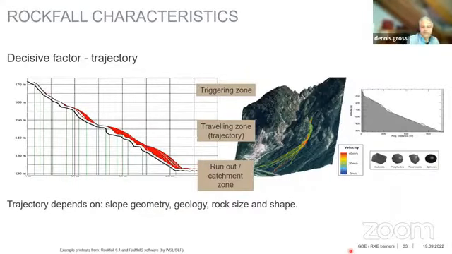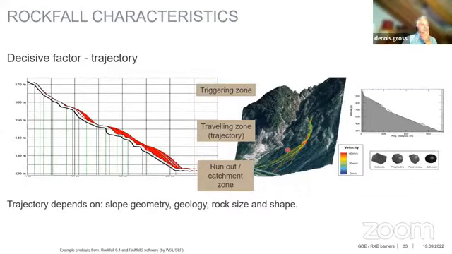So as a summary, on these rockfall characteristics or decisive important input parameters, we can say we need to have an idea of the boulder size and geometry. We need to have an idea of the cross section and of the possible trajectory.